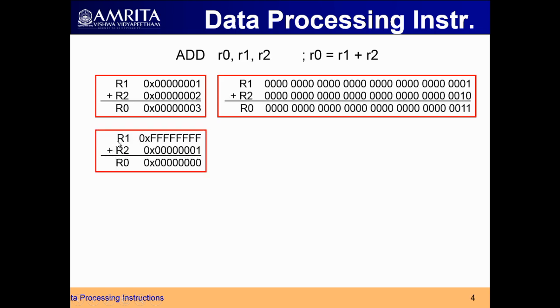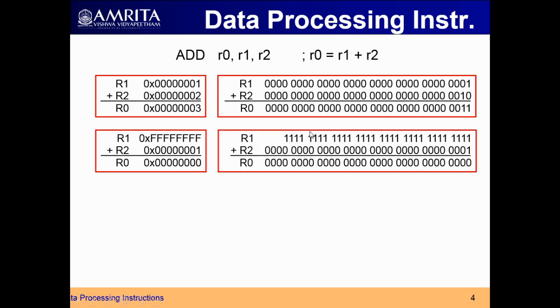So here you are taking R1 as all F's. That means all 32 bits will be ones. You can see here. To that you are adding R2. R2 is having 1. So all F's plus 1, what will you be getting? Your result will be 0 with a carry 1. Right.